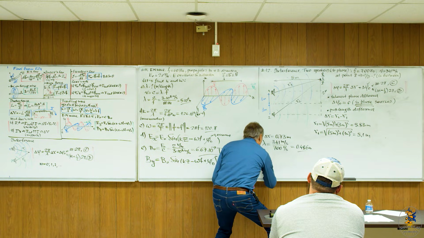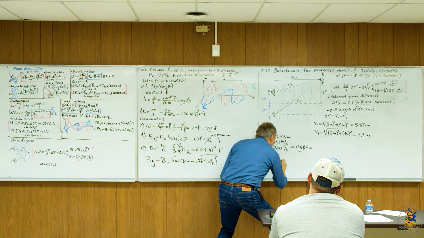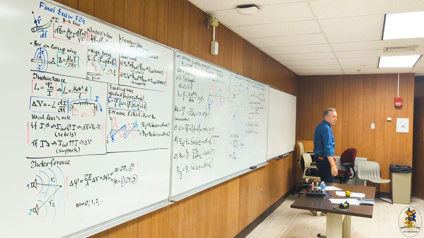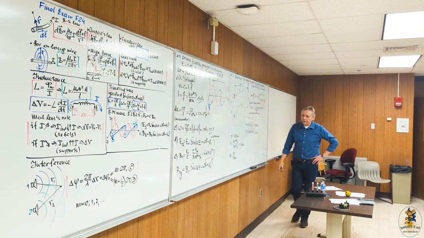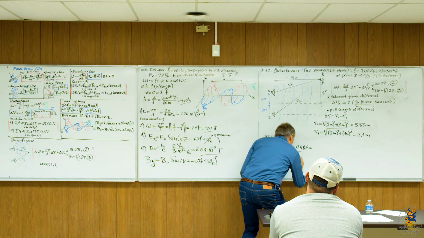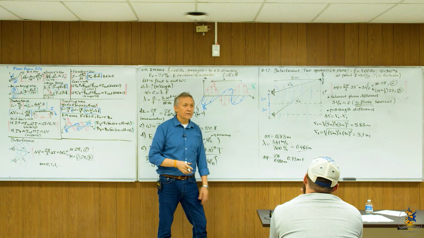Okay. So delta phi equals 2 pi divided by wavelength, 0.486 meters. I'm just plugging numbers in the condition, nothing else. Times delta R, 0.73. Plus inherent phase difference is 0.